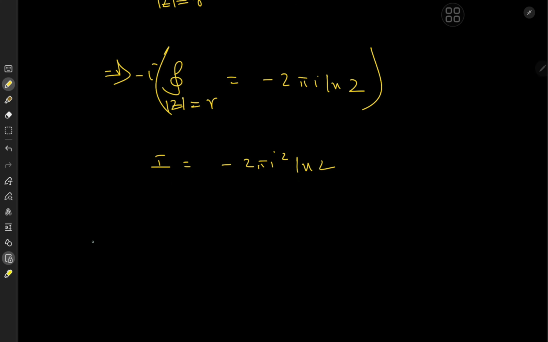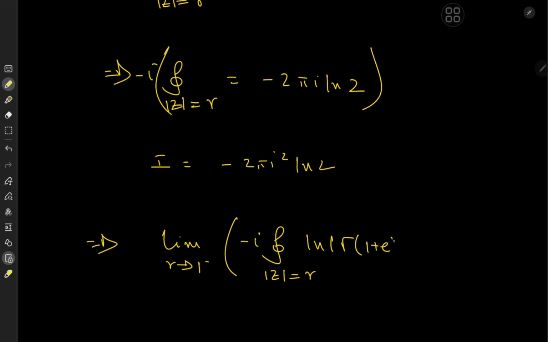And you have two negatives now, so this implies that the limit, as r tends to 1 from the left, of negative i times the integral over absolute value of z equal to r of log absolute value gamma 1 plus e to the i theta times zeta e to the i theta over, wait a second, I'm writing this in the wrong way, mixing things up.